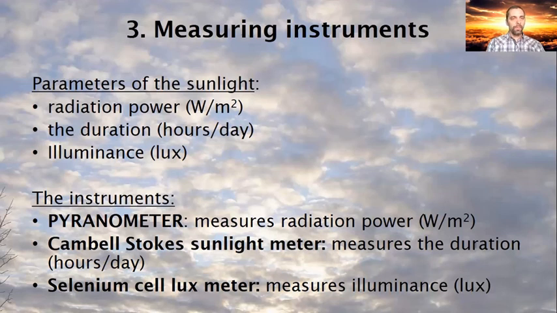Here below, we can see the instruments for these measurements. These are the pyranometer, which measures radiation power, the Campbell-Stokes sunlight meter, which measures the duration of the sunlight, and selenium cell lux meter, which measures illuminance.